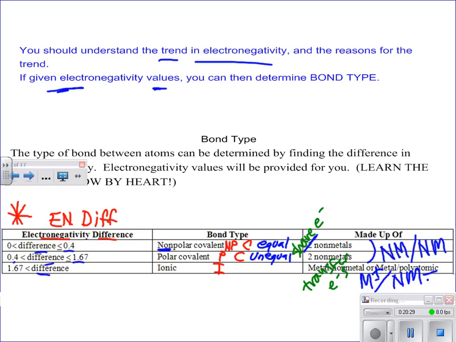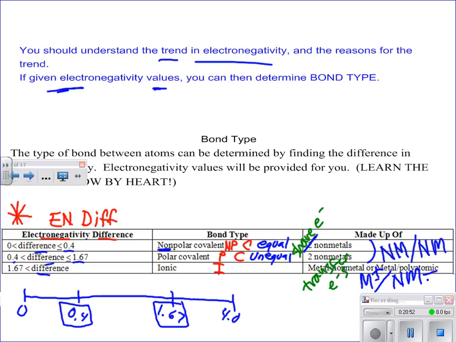So that's what we're looking at, and then we want to think about these differences, and you do have to memorize these values. The easiest way, I think, is to put it into a number line like this and say from 0 to 0.4 to 1.67, and then the highest, it would really be less than 4. The difference that you'd come across would be less than 4, but that would be the very highest right there. So if you think about this, really there's just two numbers that you have to memorize.